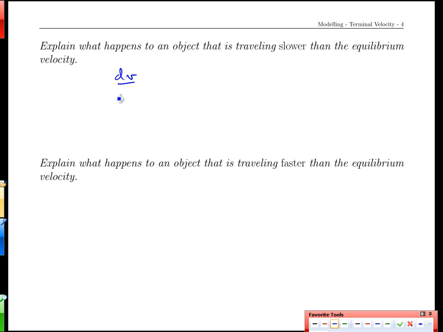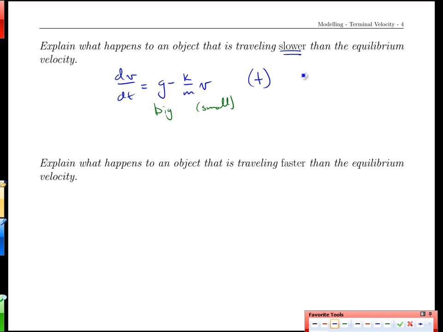Let's remember our differential equation boiled down to g minus k over m v. If we have an object that's traveling slower than equilibrium, so that means a small velocity here and proportionately a bigger gravitational constant, so this is the same, but we have a relatively small velocity, then this whole term here will end up being positive, big minus a smaller number.